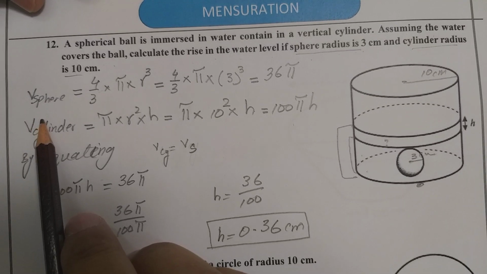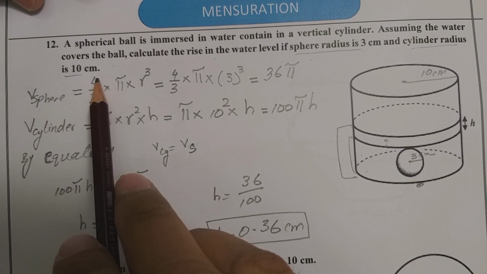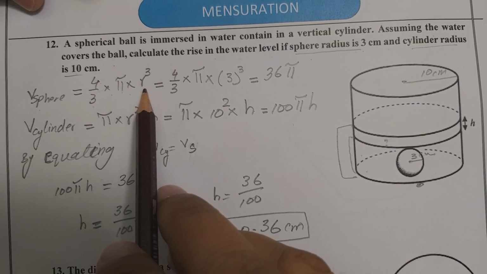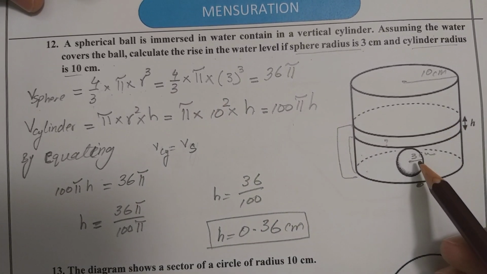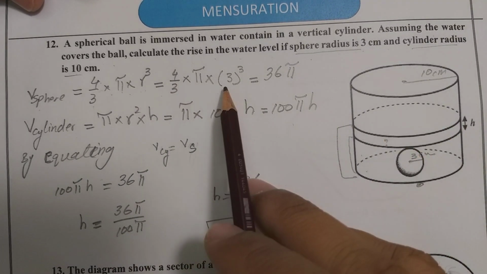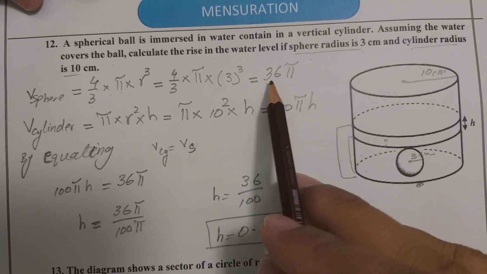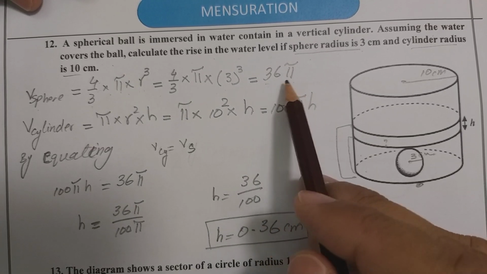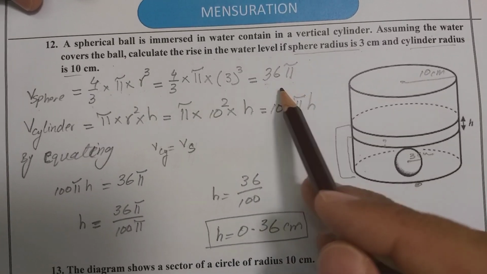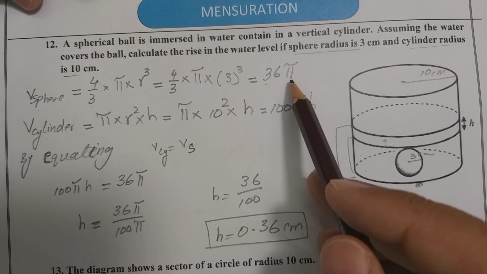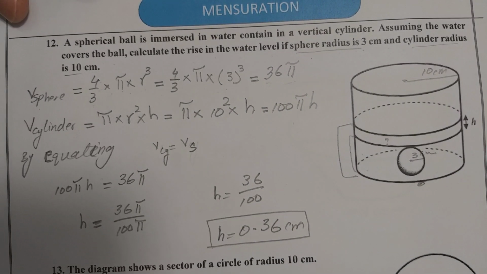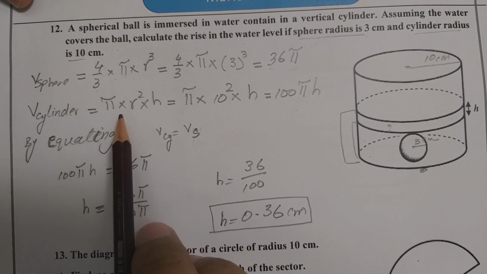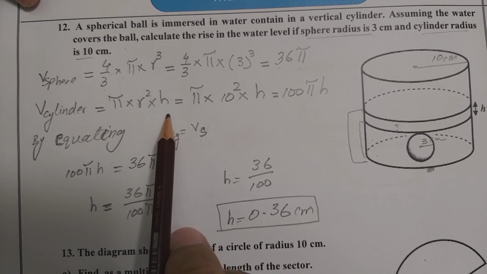First I find the volume of the sphere, which is 4/3 times pi r cubed. Because we know the sphere radius is 3, put it in the formula, simplify, you find 36 pi. I'm writing it in the form of pi. The volume of the cylinder, we know the formula is pi r squared times h.